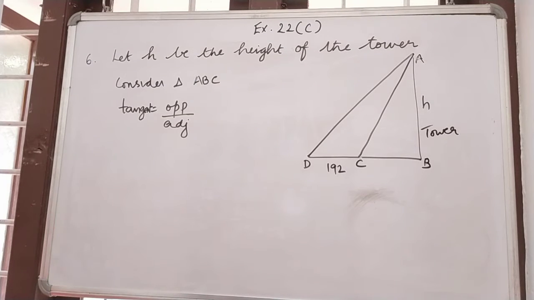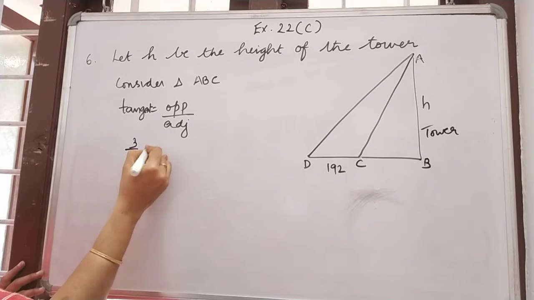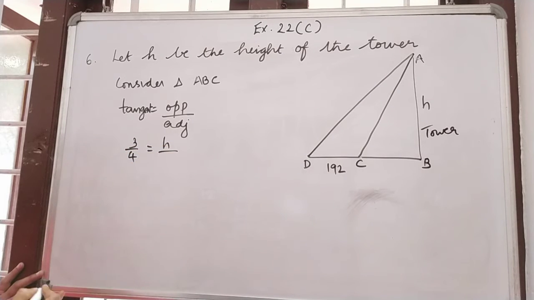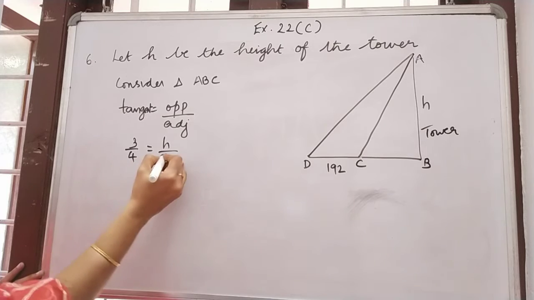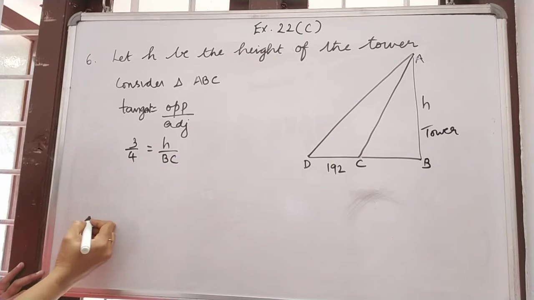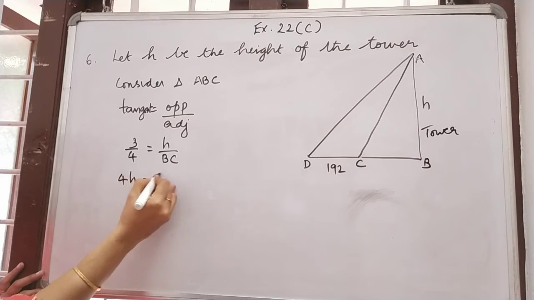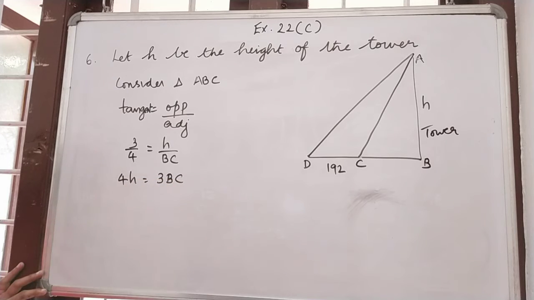Consider triangle ABC. Tan theta is equal to opposite divided by adjacent. So 3 by 4 is equal to opposite, which we write as H, divided by adjacent, which is BC. Cross multiply: 4H is equal to 3BC.